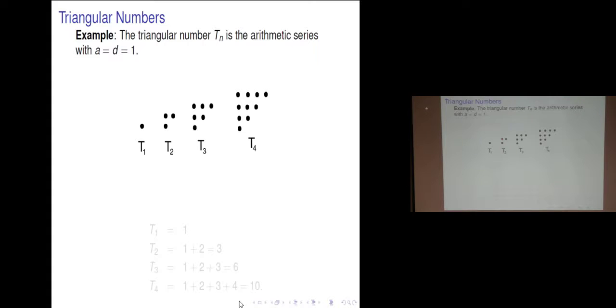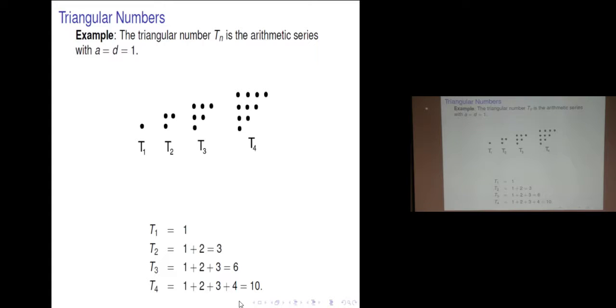You add them, and T2 is 3. T3: you form a triangle in this way. This is 1, and then you have 2, you have 3. So T3 is 1 plus 2 plus 3. T4 is 1 plus 2 plus 3 plus 4. You can read it this way also, but it's still 1 plus 2 plus 3 plus 4.